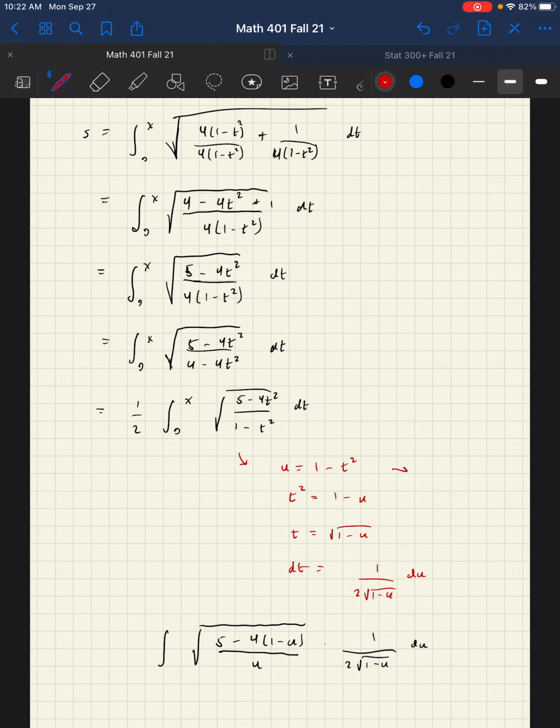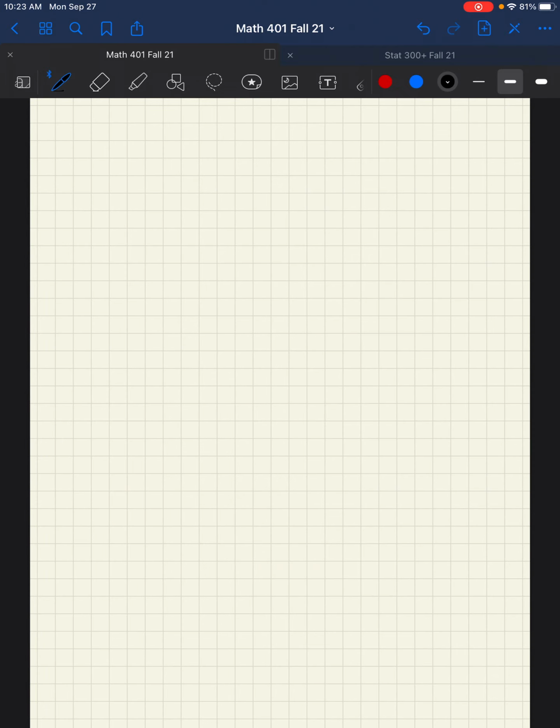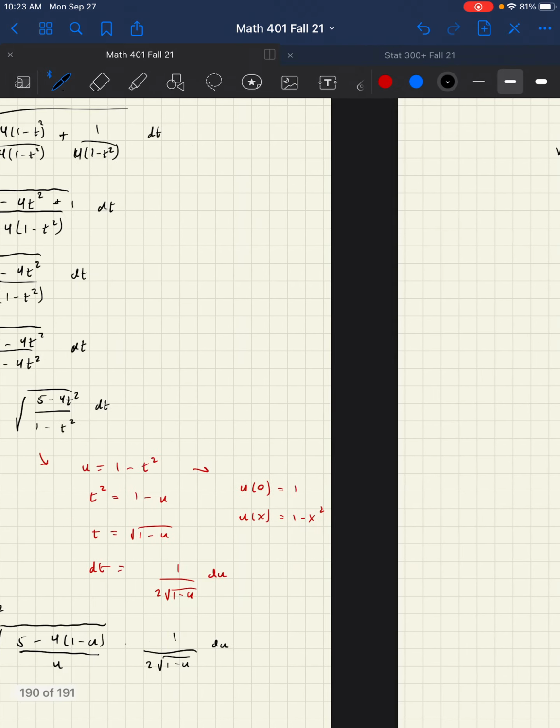Does that give us anything? And then 0 and x have to be transformed as well. So remember that u of 0 is 1, and then u of x is going to be 1 minus x squared. So we end up with the integral from 1 to 1 minus x squared, 1/2 in front.